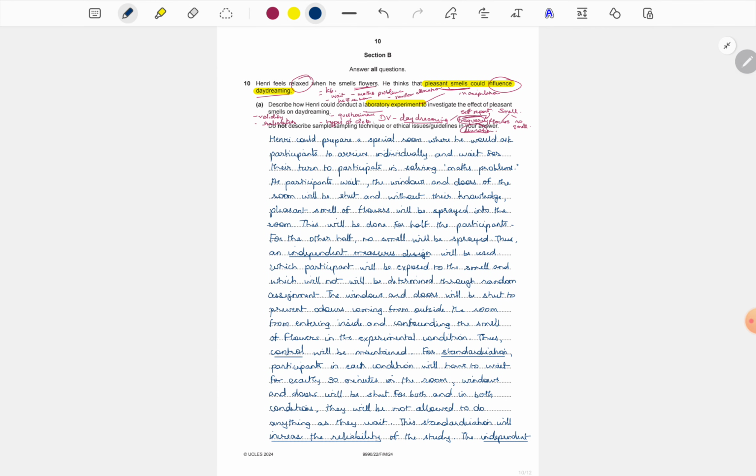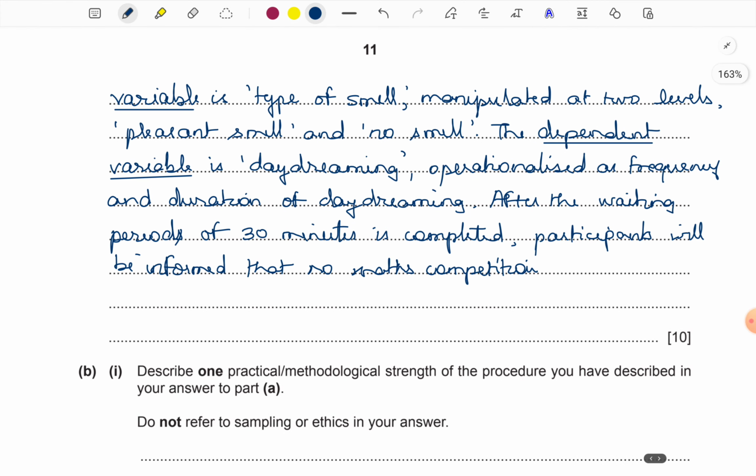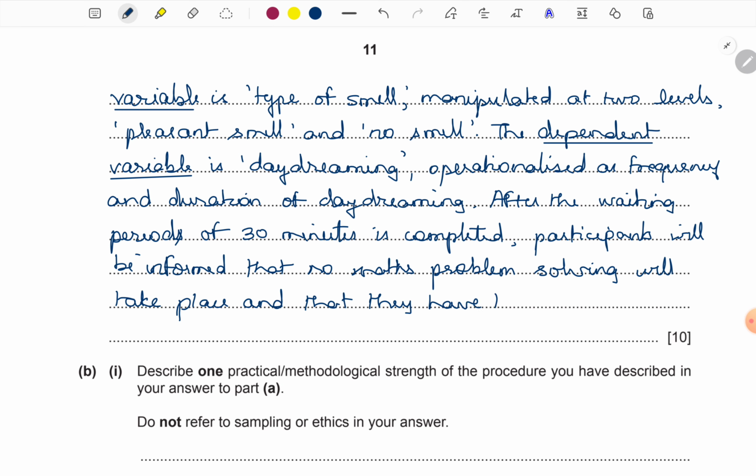It's always good to refer back. Yeah, no maths problem solving will take place. Okay, because otherwise it looks abrupt. What competition? There was no competition mentioned. So no maths problem solving will take place, and that they have to answer 2 questions on a questionnaire for the researcher.